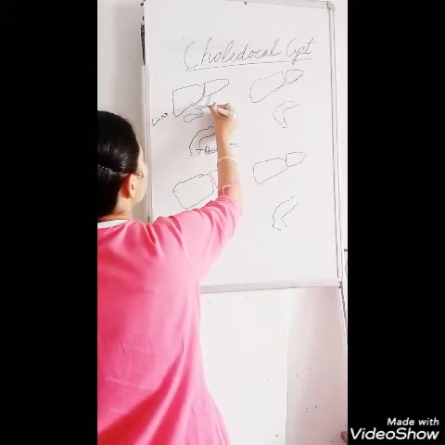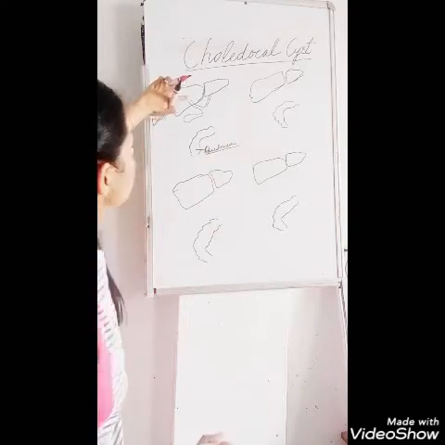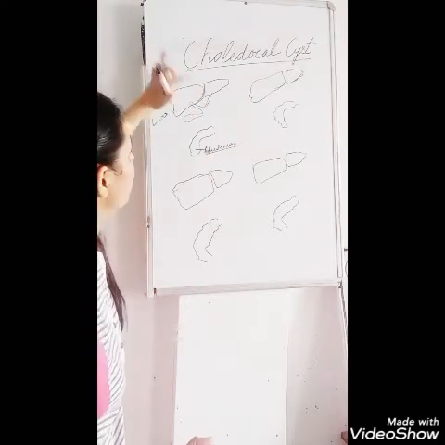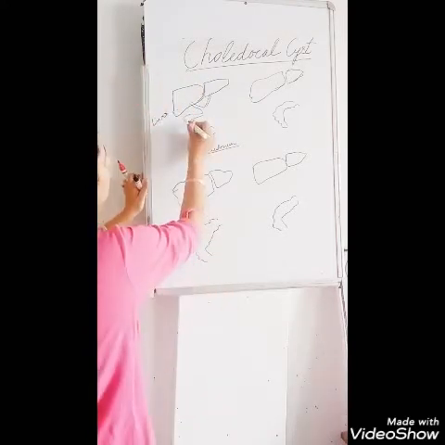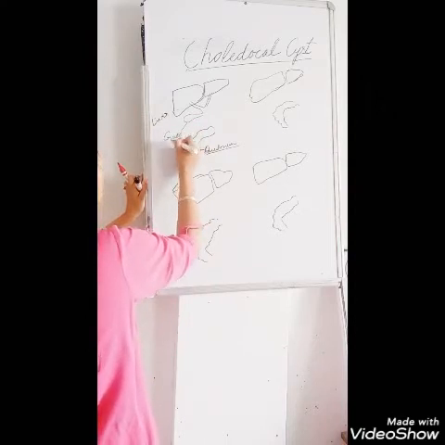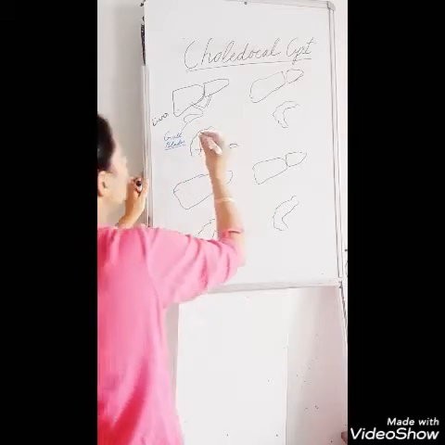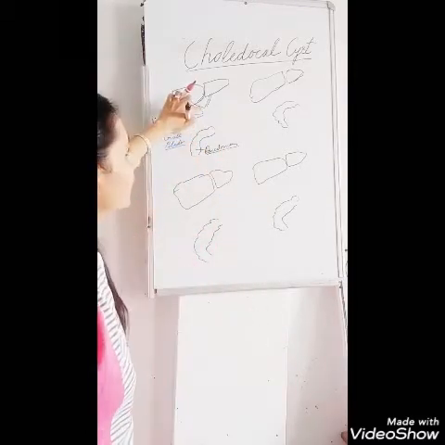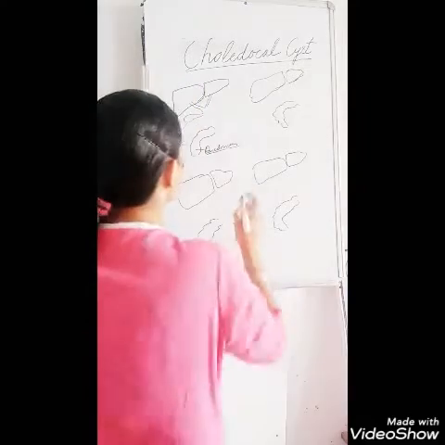This is the gallbladder. Now what happens? The dilatation will occur here in the common bile duct in a fusiform manner.